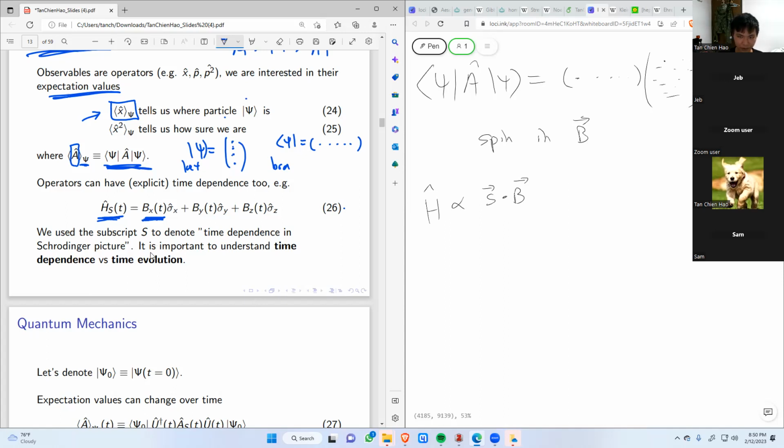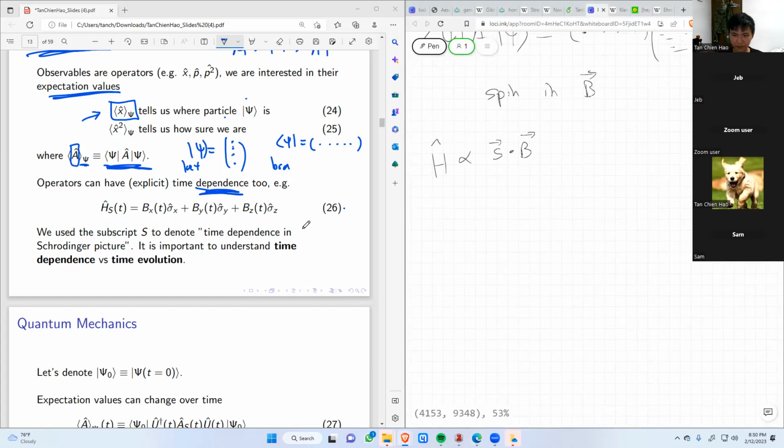So I wrote a subscript S over here, because this is explicit time dependence. The Hamiltonian is a formula that explicitly has time dependence in it. And this is important to distinguish from time evolution.